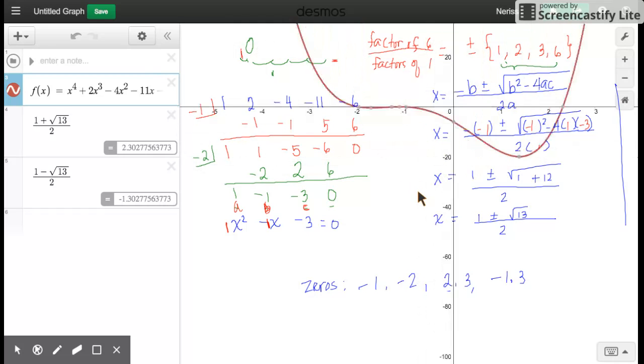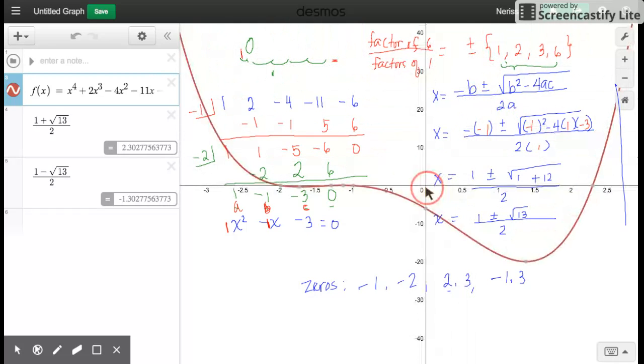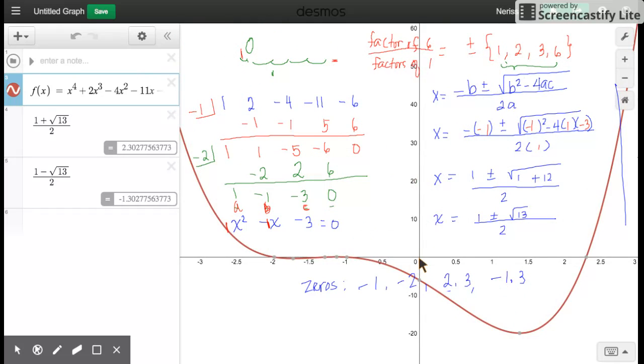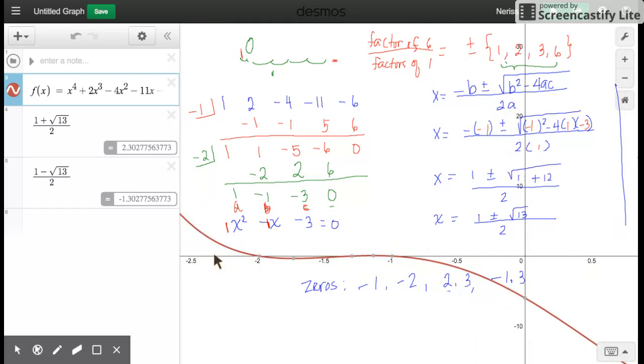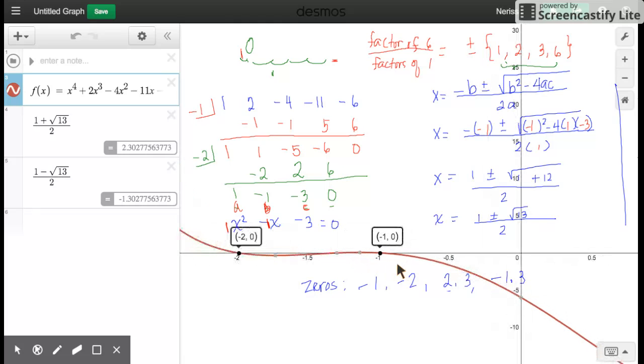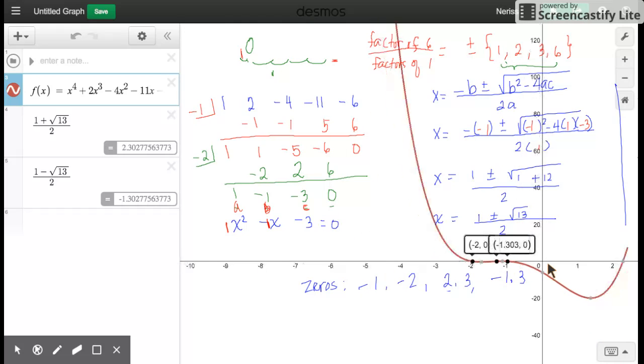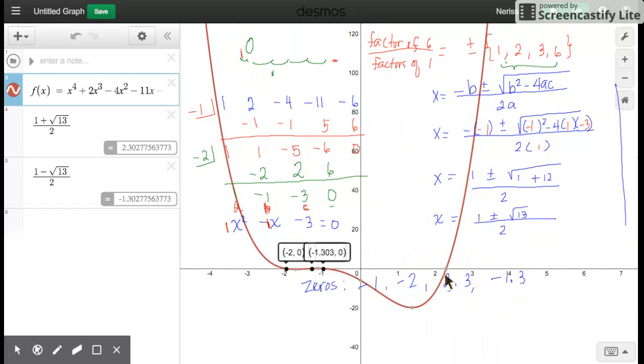So let me do this. Here are the zeros. So there's negative 2 and there's 1. Now notice that there's another one here. That's the negative 1.3. And the other one is right here, 2.3. So we found all the zeros.